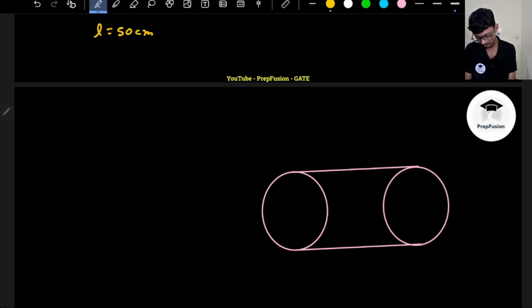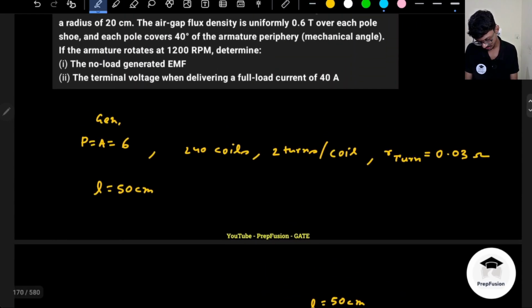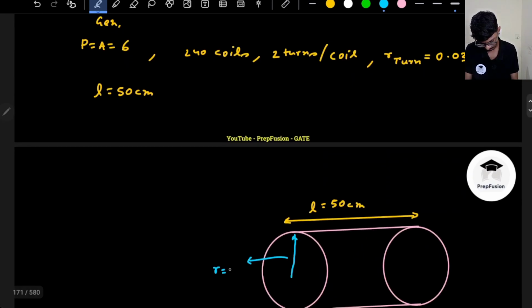The length they have given me of the armature is 50 centimeter, and the radius is 20 centimeter.